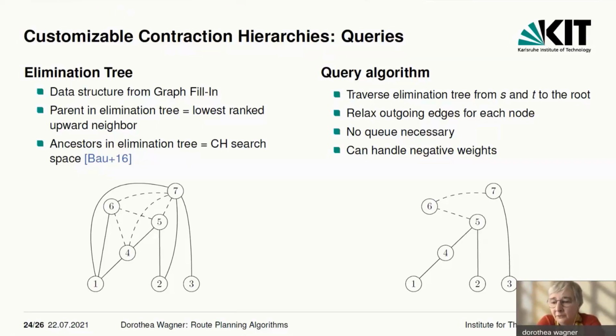Only in science fiction we can travel backward in time, so negative travel time doesn't make sense. Negative distance, that also doesn't make sense. Well, there are scenarios where negative weights come in, and this is in route planning for electric vehicles. If we look at the power consumption of an electric vehicle and take this as our relevant metric, then we really have negative weights. But this is only a side remark.